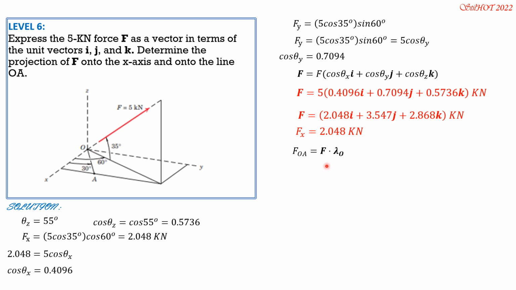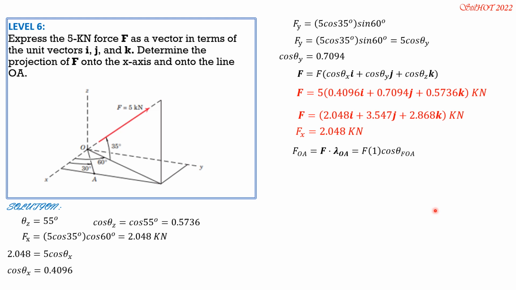So FOA is the dot product of vector F and the unit vector of OA. If you expand that, that's F, magnitude of lambda of OA, which is 1, times cosine of the angle between F and OA. So F cosine of theta FOA is the component of F in this direction.